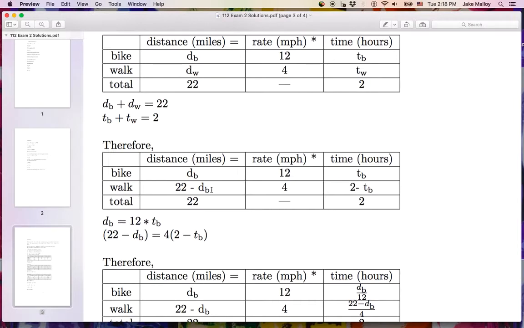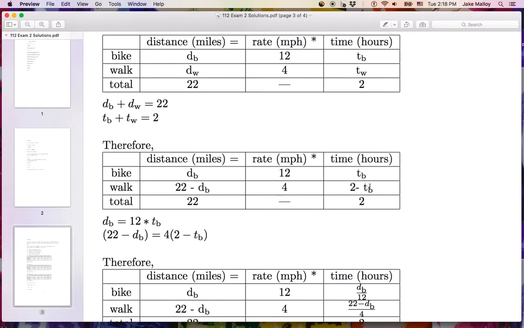Some students flip these around, and I think that's a shortcutting mistake by not thinking through this equation clearly enough. Most of you wouldn't. If you were solving for d sub w, you would know that you're subtracting the d sub b, so you would have a minus d sub b. Okay, and then I'm going to do an analogous thing over here.